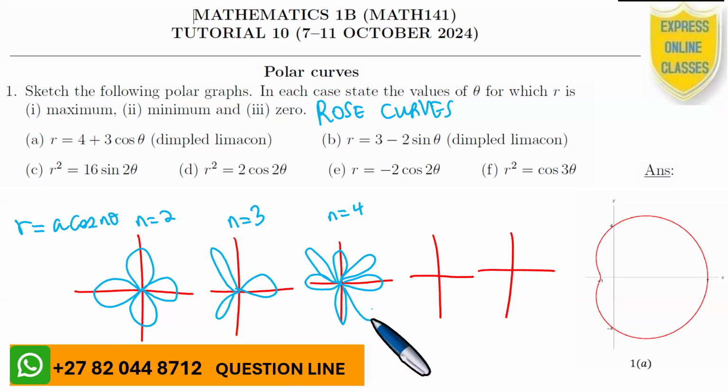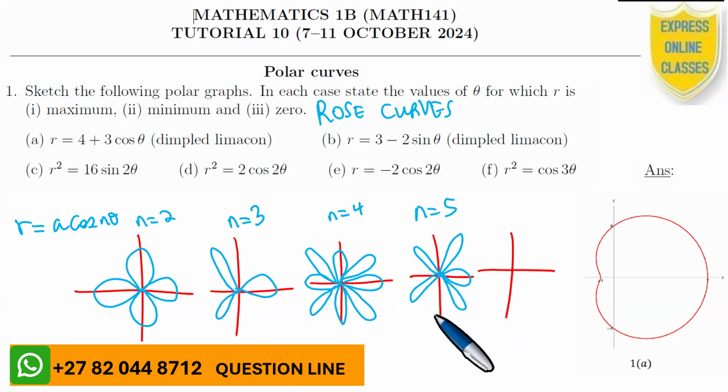That, and that. n equals 5: this, this, this, this, that.